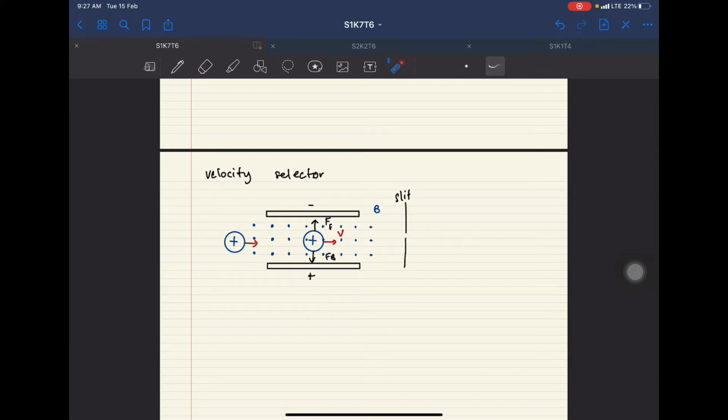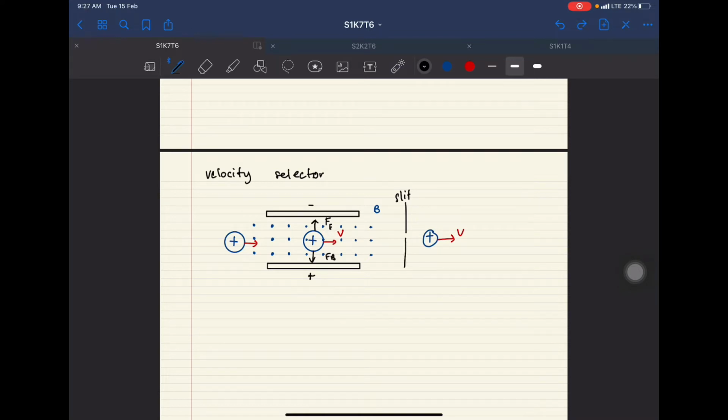So you only have one particular velocity of charge when it goes out over here. That's why this is what we call the velocity selector. It selects the velocity. Any other velocity will be deflected and doesn't come out over here.